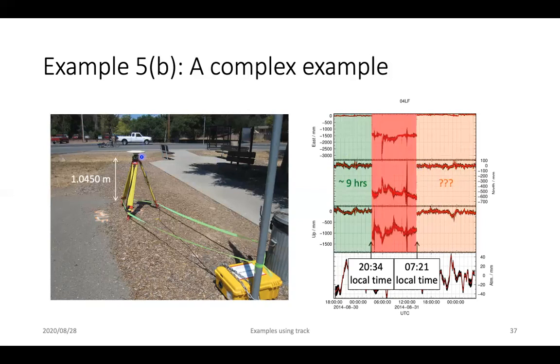It's just that the antenna was not directly over the mark and it had a slightly different height. But because we measured the new height and we measured the horizontal offset of the antenna in this area, we could actually still use this data with different numbers in the station.info file.